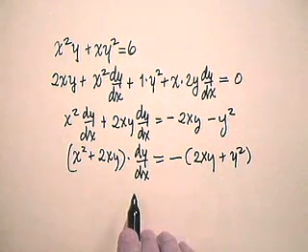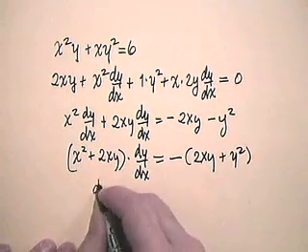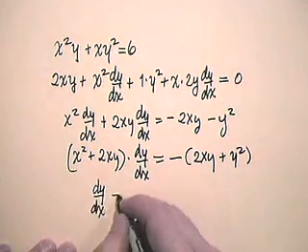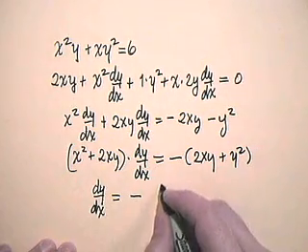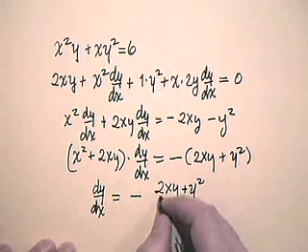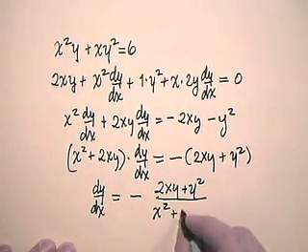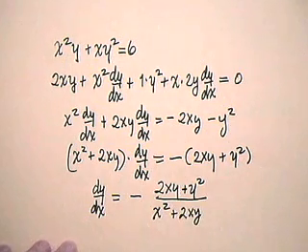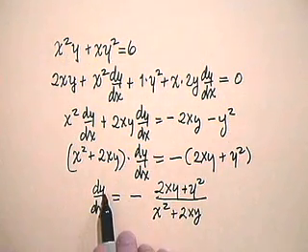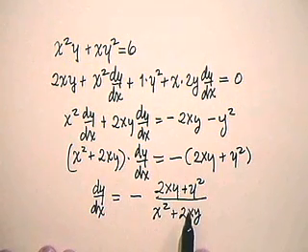And so now just divide both sides by x squared plus 2xy, resulting in dy dx is the negative of the quantity 2xy plus y squared, all divided by x squared plus 2xy. So see, we've ended up with an expression for dy dx which involves only x and y.